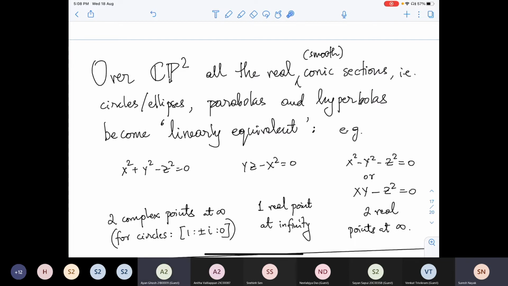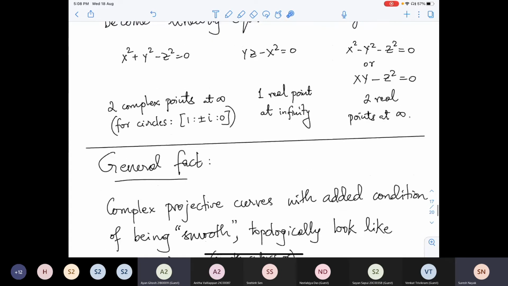If you have 2 concentric circles, most likely they meet tangentially at both the points at infinity. And if you don't have concentric, then probably they meet transversally at the 2 points at infinity. I think that's what is happening.